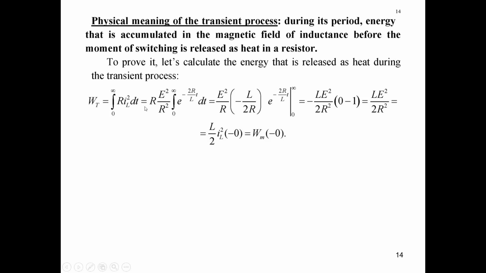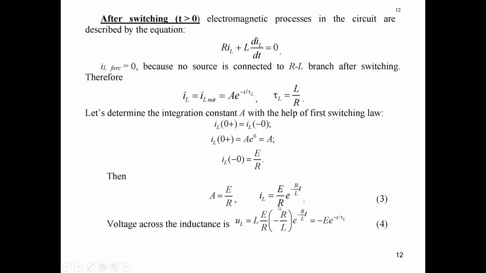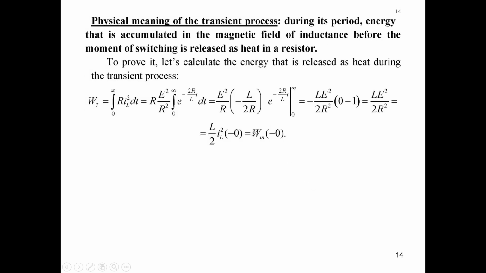Then this R, and this coefficient in the second degree are also before the integral, and under the integral will be this exponential function in the second degree. This 2 appears in the power, so it will be minus 2R over L multiplied by t.